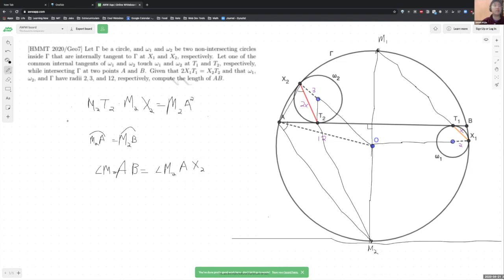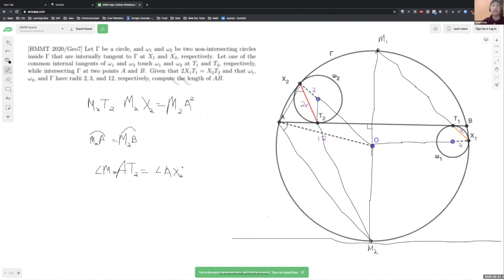Actually, instead of M2AB, I should replace this, and I'll write it as M2AT2 in this case. For the second one, you want M2X2A, right? You want to switch. Oh, yeah, my bad. I like writing things in counterclockwise order, so I'm going to write AX2M2.